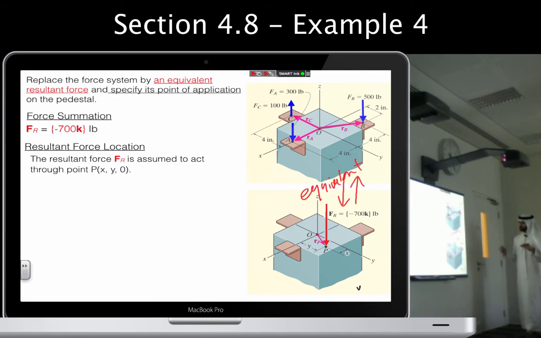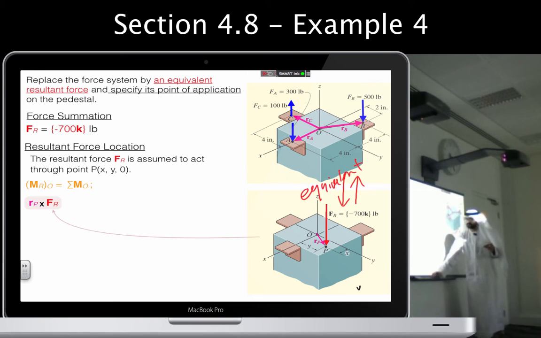So the moment created by Fr, the resultant force, is equal to the sum of moments created by Fa and Fb and Fc.